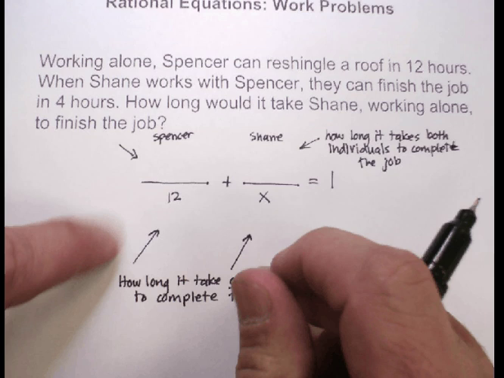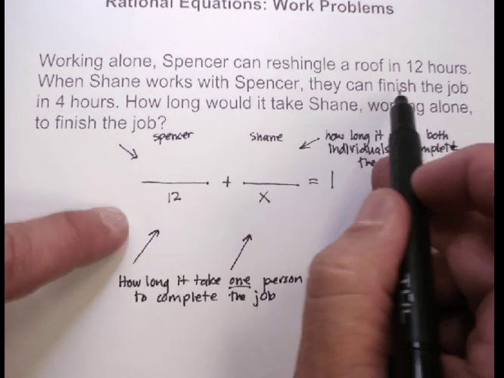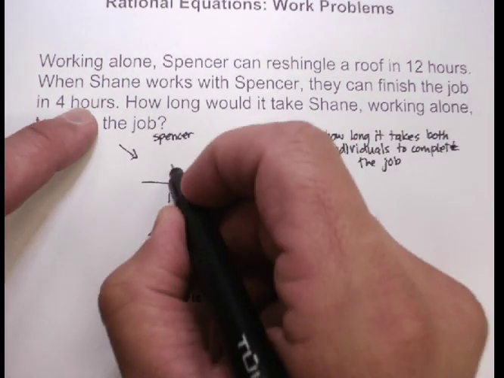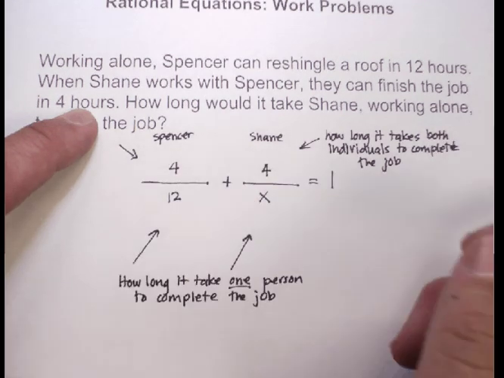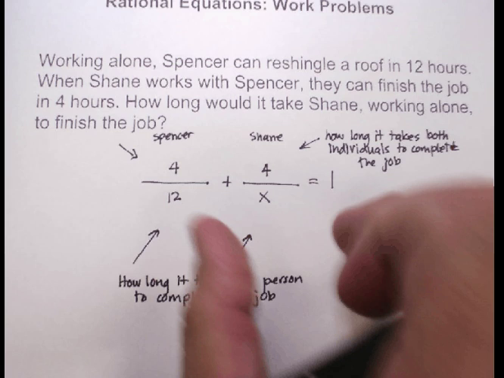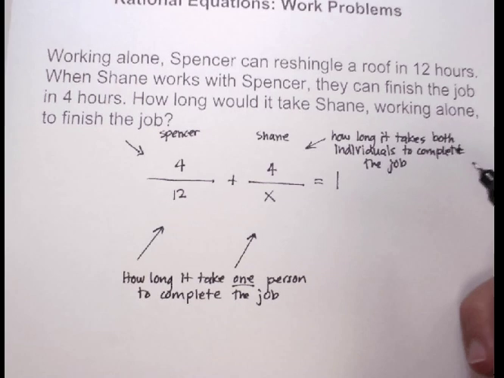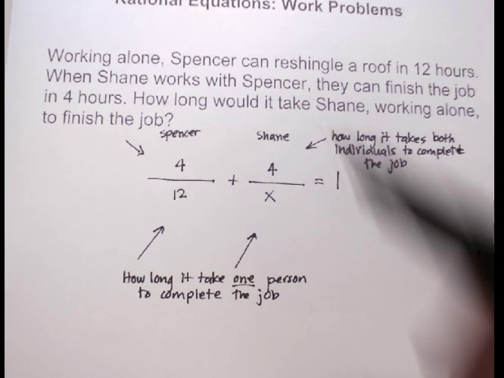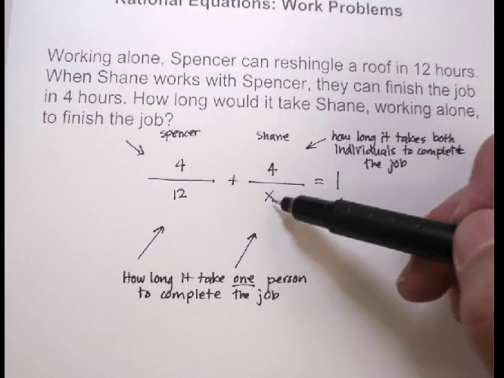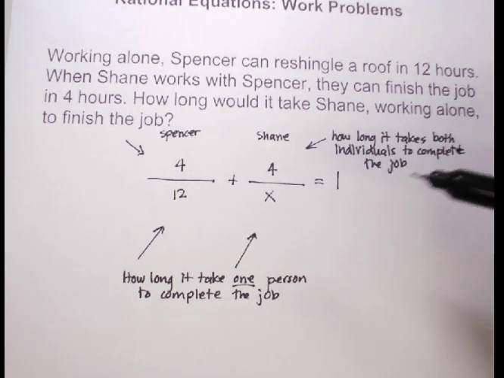Now what do we know about here? We know that it takes both of them 4 hours to complete the job. So you're going to put the same thing in both numerators. And look what we've got. We now have basically a rational equation, a very simple one, but we have a rational equation. We have 4 over 12 plus 4 over x is equal to 1.